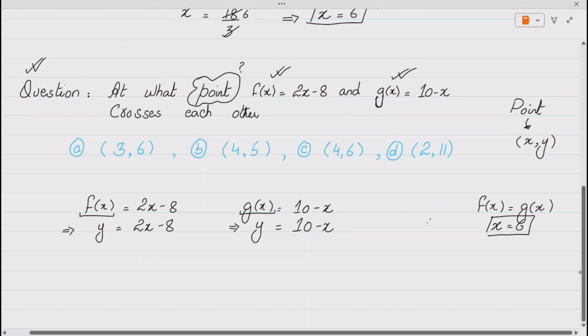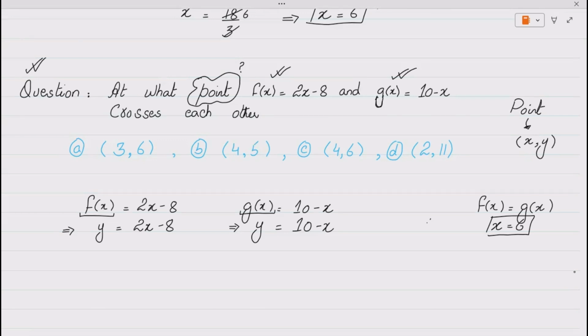After that, put this x in any of the equations, this one or this one, and you can find the value of y.